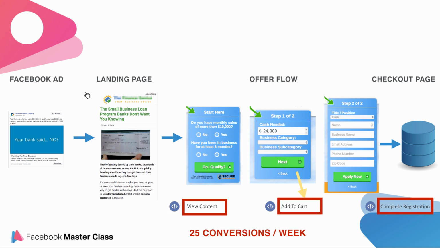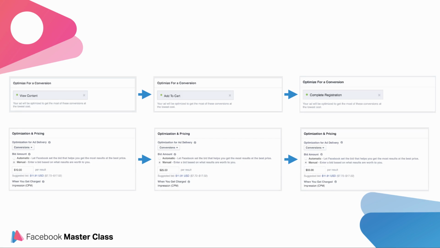We covered that already when we talked about manual bidding. So the budget has to be high enough so that you can land at least 5 conversions a day, ideally 10.